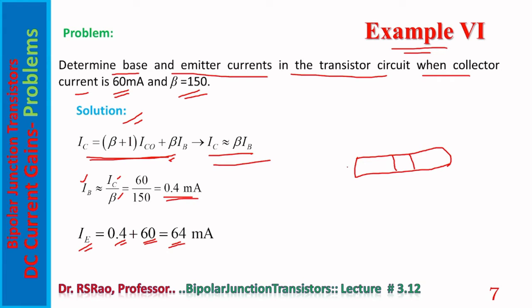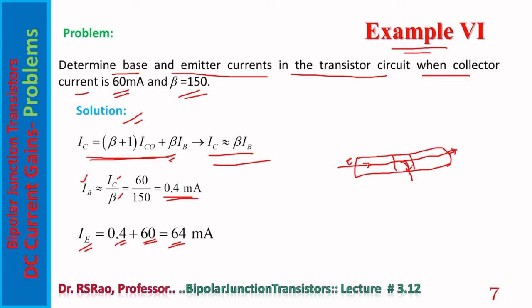Notice, this is emitter current. This current travels through base layer to collector, and while traveling, partly it drops out of the base region. So this is IE, this is IB, this is IC. IE is IC plus IB.